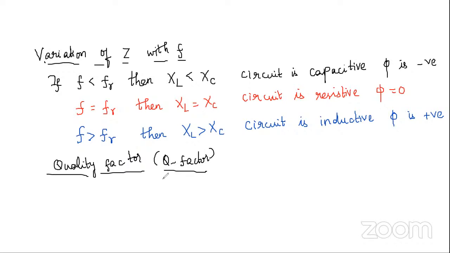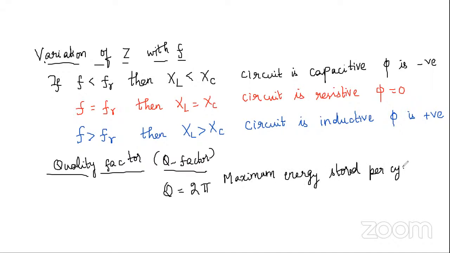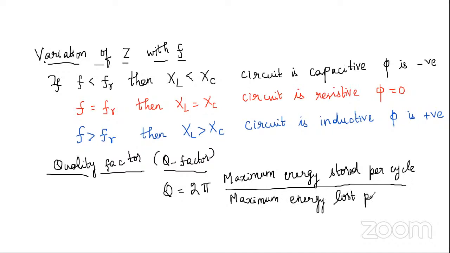So Q factor is given by Q is equal to 2 pi into maximum energy stored per cycle divided by maximum energy lost per cycle. This is the formula for Q factor.